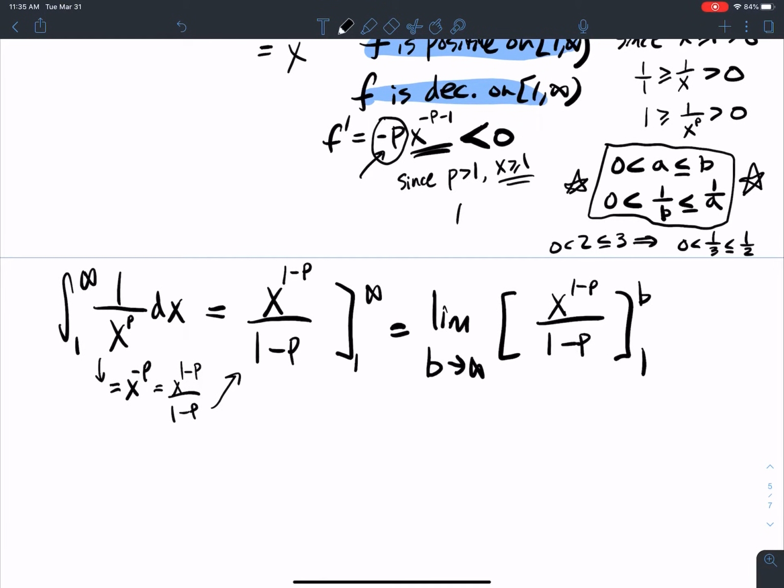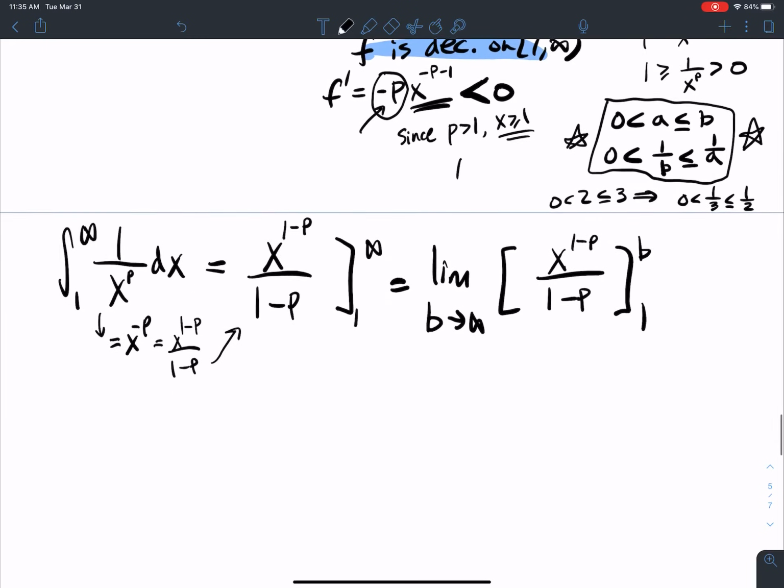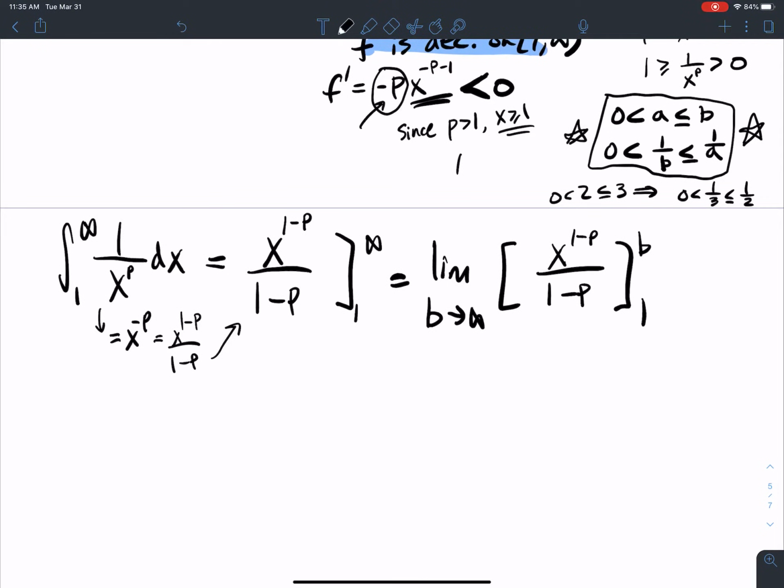This is a limit that we talked about earlier in the course. This limit converges, okay? This limit converges to 1 over p minus 1 for p greater than 1, okay?